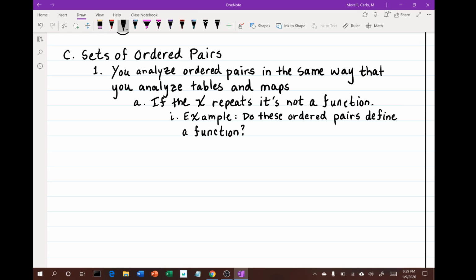These ordered pairs define a function, and we could say here are the ordered pairs.